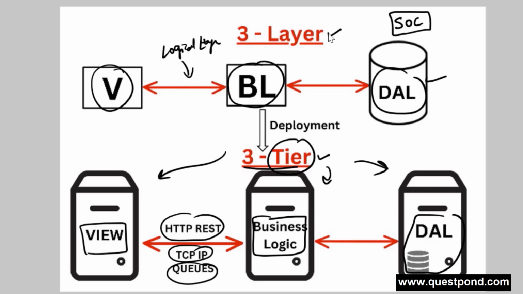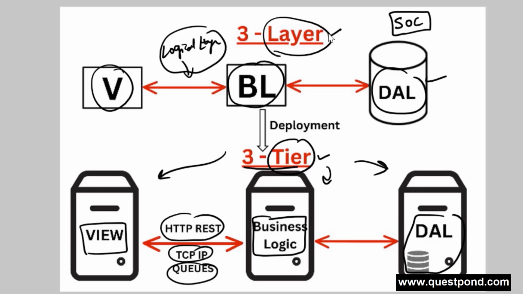And when you just want to talk about the logical thing, how is my project organized, then you talk about the word layer, right? So 3-layer means the logical way your project is organized, and 3-tier means how these layers are later deployed into the infrastructure, right?